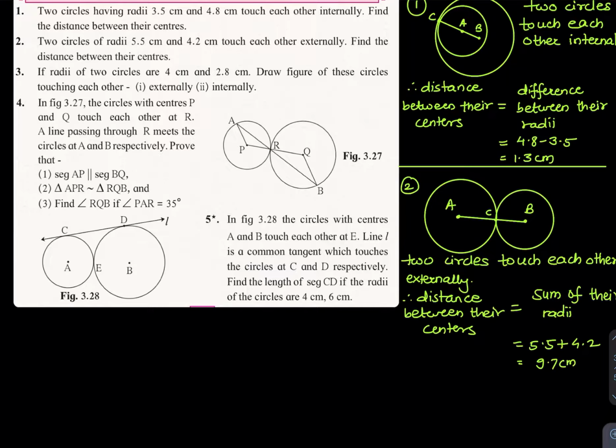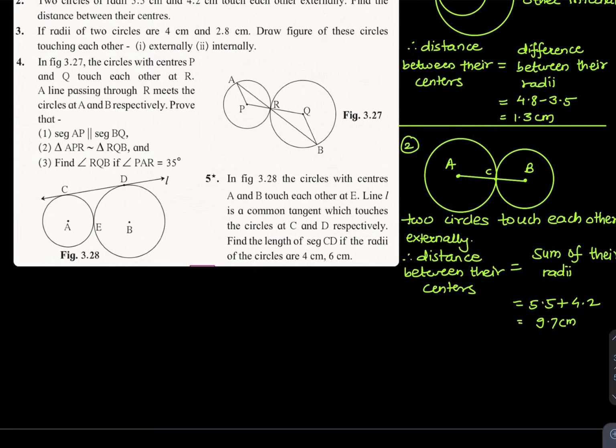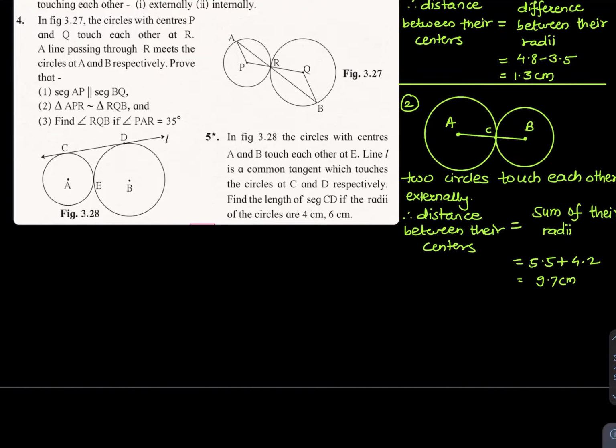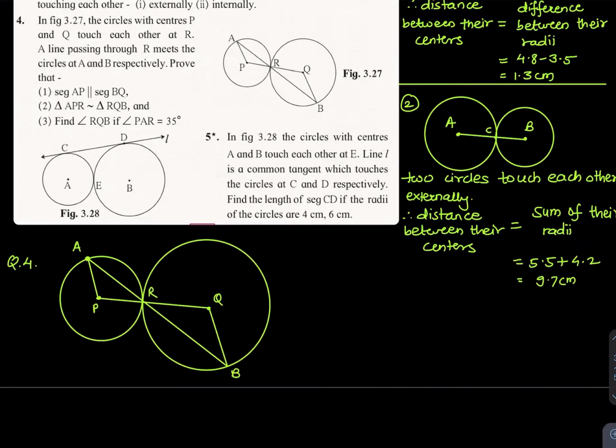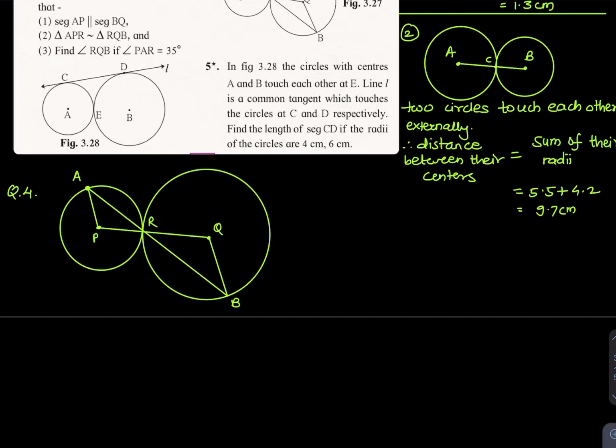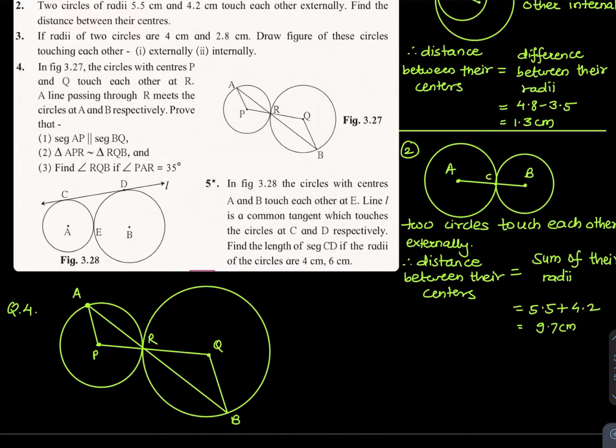Now next is fourth problem. Fourth problem is quite lengthy, so we will draw first the diagram. Then first question: in figure 3.27, the circles with center P and Q touch each other at point R. Line passing through R meets the circle at A and B respectively. Then prove that segment AP is parallel to segment BQ.